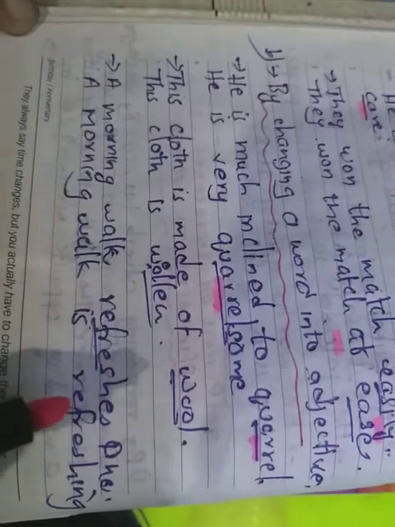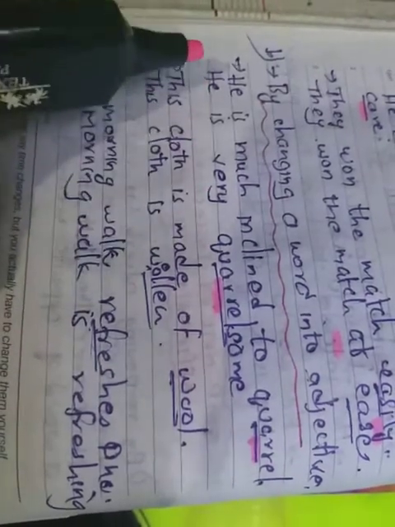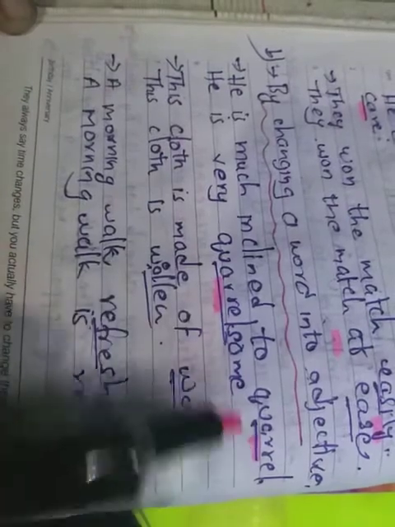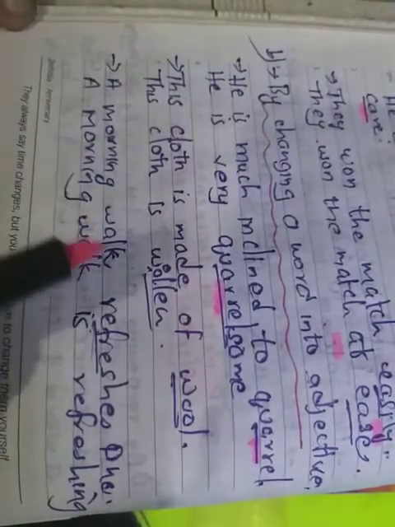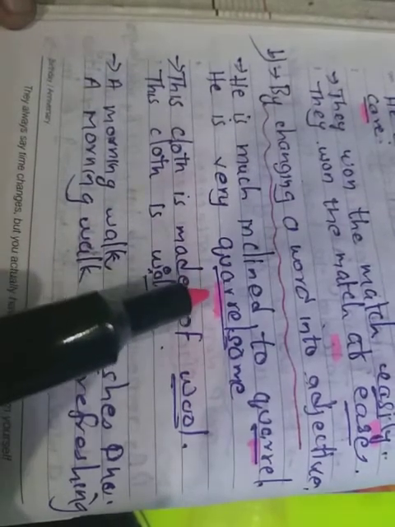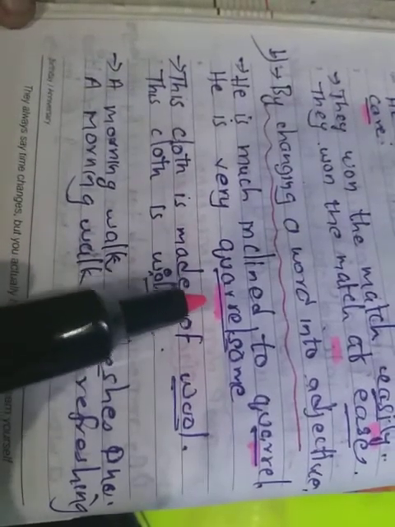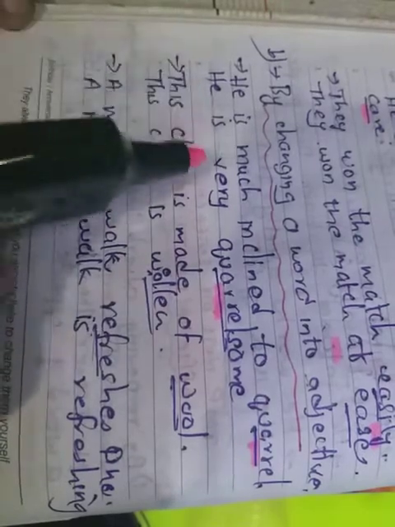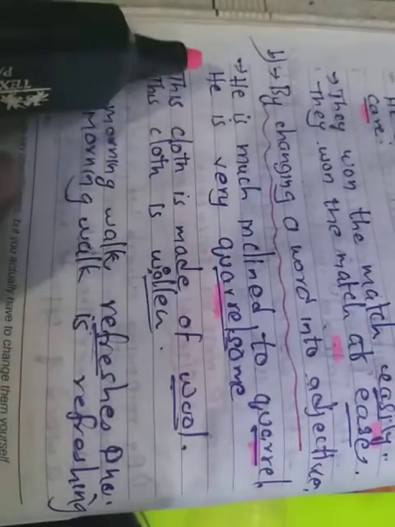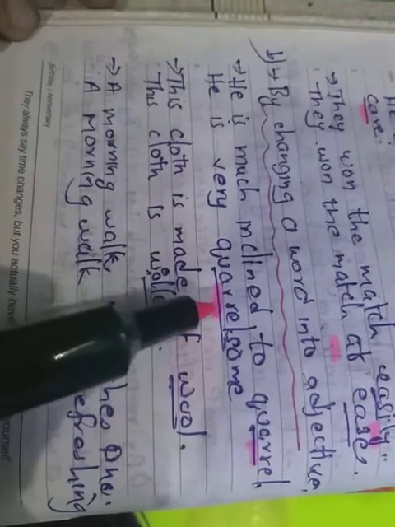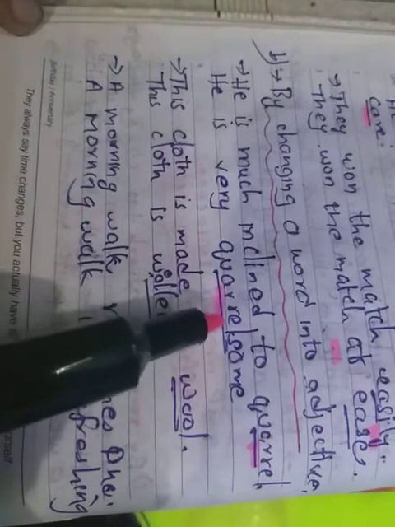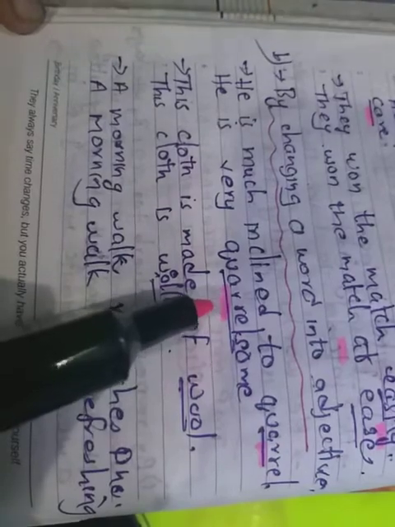He is very quarrelsome. What type of person is he? He is qualified by quarrelsome. When you make quarrelsome, that changes the word into an adjective. And how do you know this is an adjective? Because he is very quarrelsome. Who is quarrelsome? He.